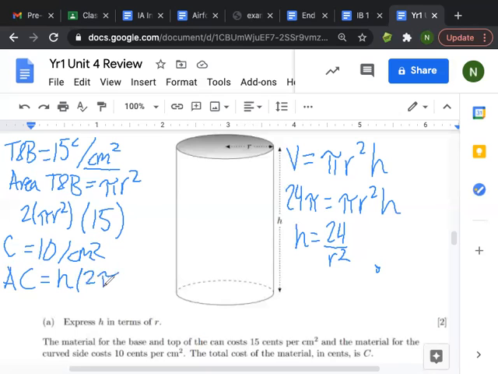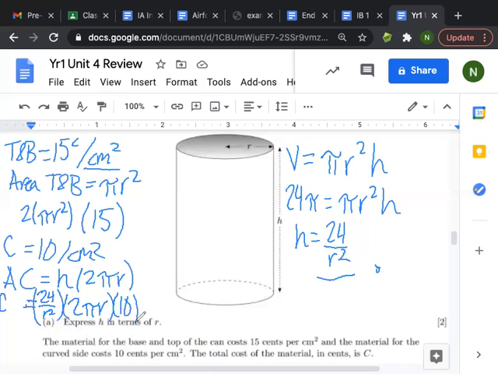Now, we found an equation for height in terms of r, so the cost would be 24 over r squared times 2 pi r times 10 because of the cost.